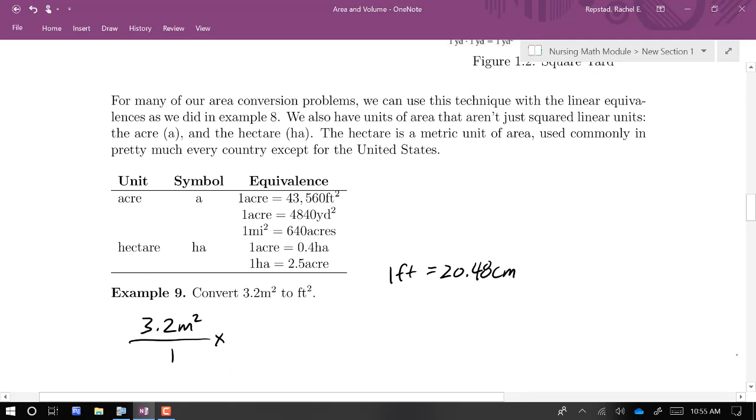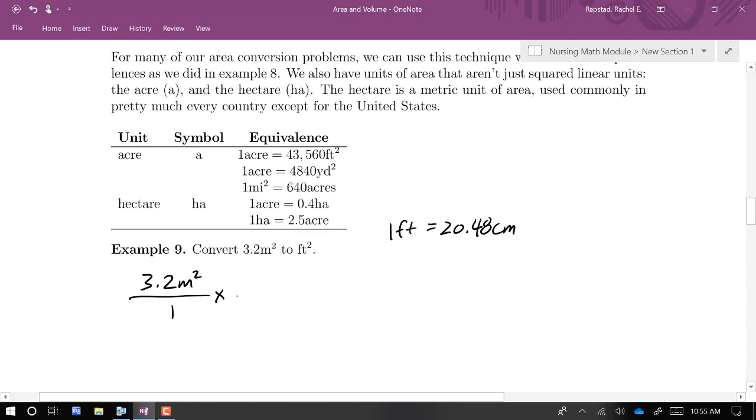And so what I'm going to need to do first is get myself from square meters to square centimeters. But I'm going to think about this in terms of just meters to centimeters first. So 1 meter is 100 centimeters.